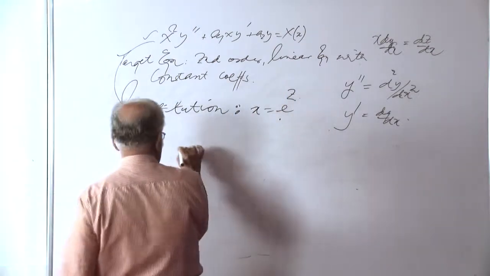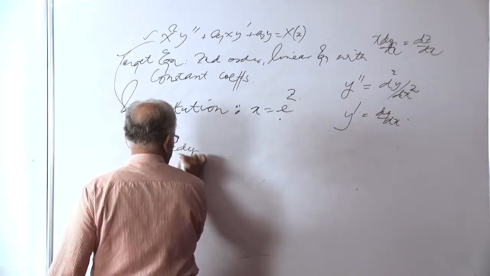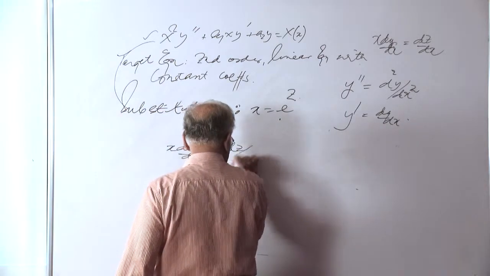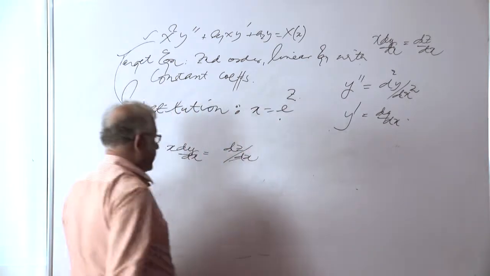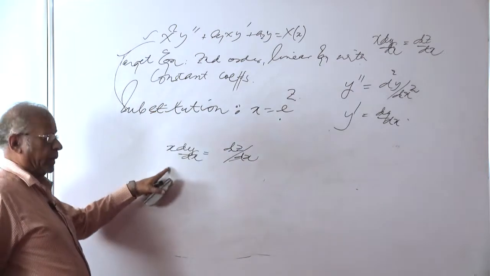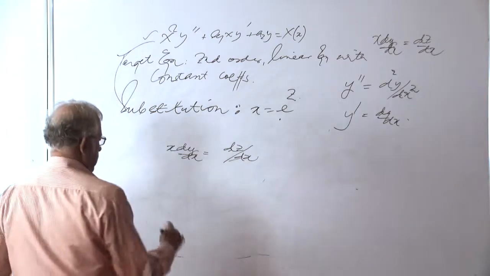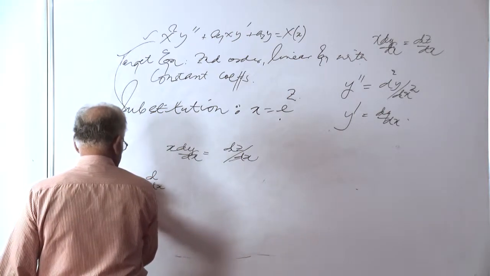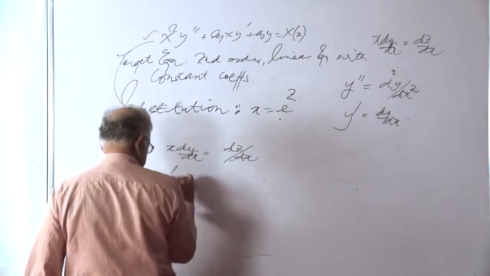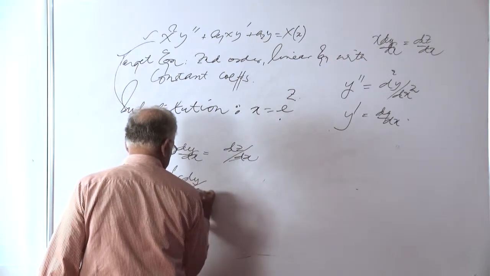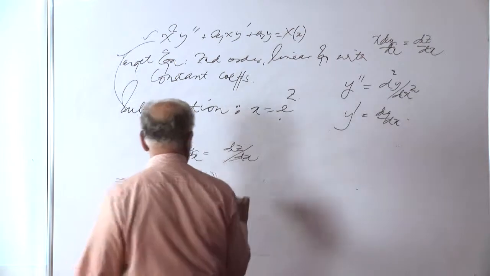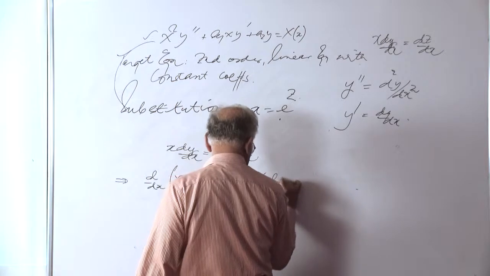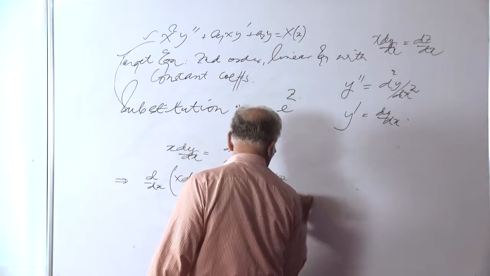Starting from there, x dy dx is dy dz. We differentiate once again with respect to x, both sides. So d dx of x dy dx is equal to d dx of dy dz.